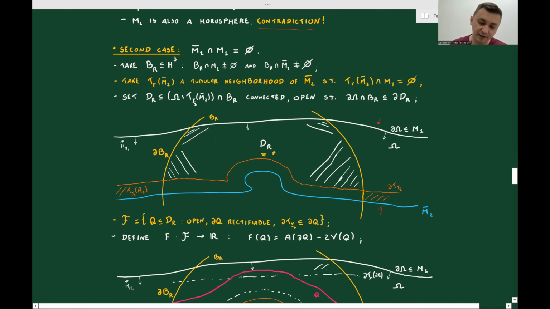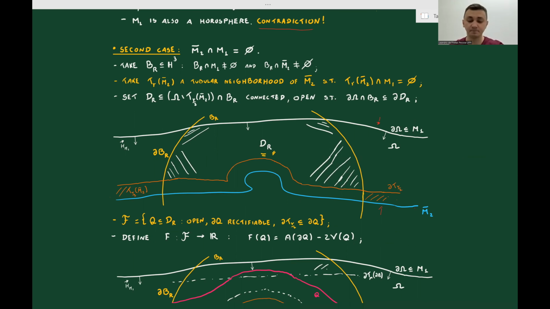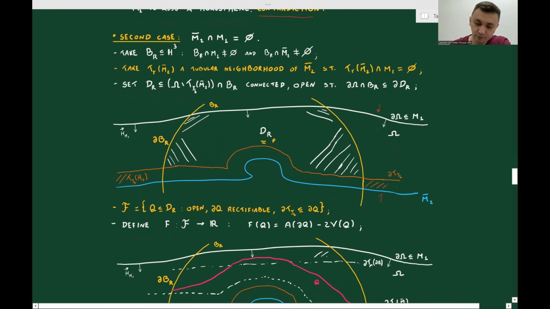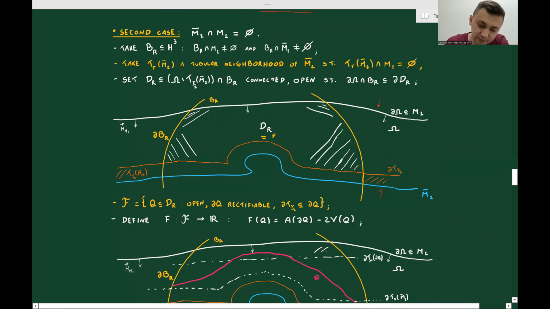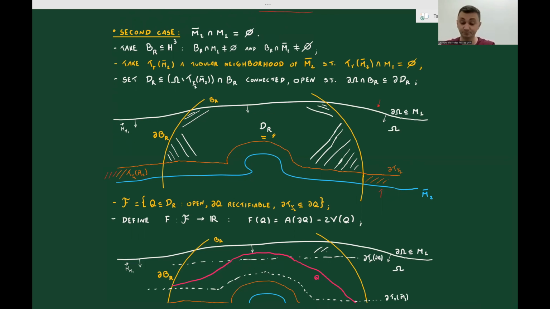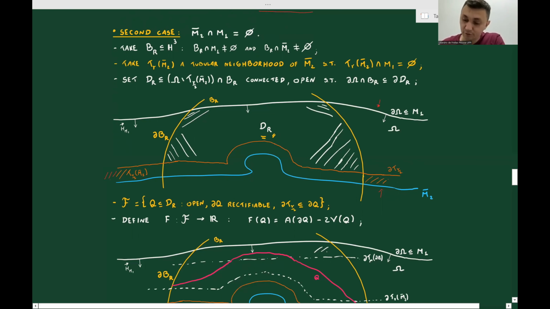So first of all, we take a big ball, B_R, which intersects the closure of M2 and also M1. Now we just draw here one part of the tubular neighborhood of the closure of M2.